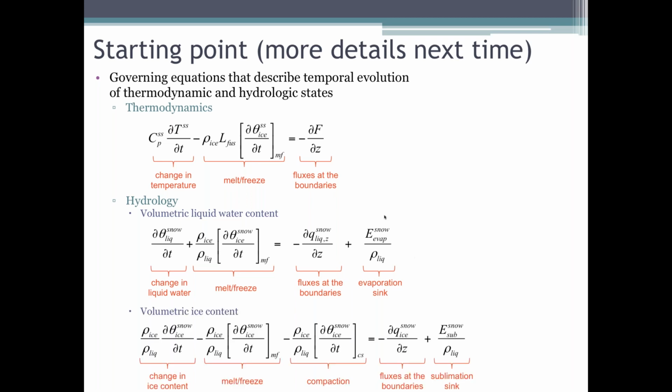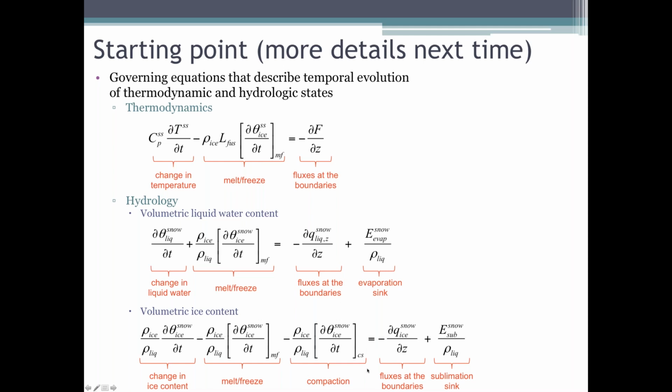We also need to keep track of our volumetric ice content. With each time step, we'll have a change in ice content with each unit time. That change in ice will change as a function of melting or freezing. If liquid water freezes, our ice content goes up. If ice melts, our ice content goes down.